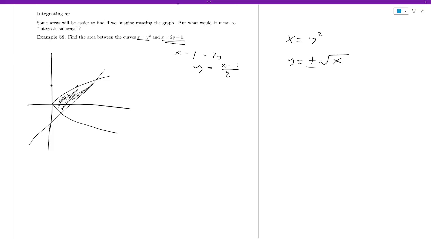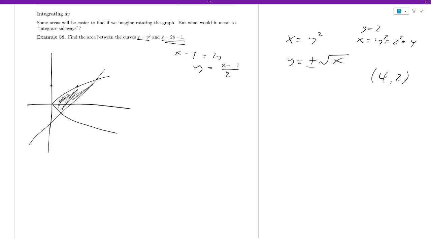And that's true, because both of these, the positive and negative, would satisfy the equation. For example, if I pick y equals 2 as an input, x would be y squared, which is 2 squared, which is 4. So one of the points on the graph better be 4 comma 2, where x is 4 and y is 2.